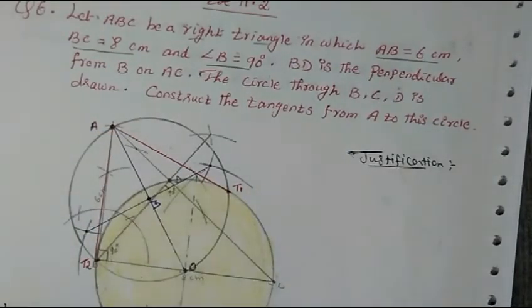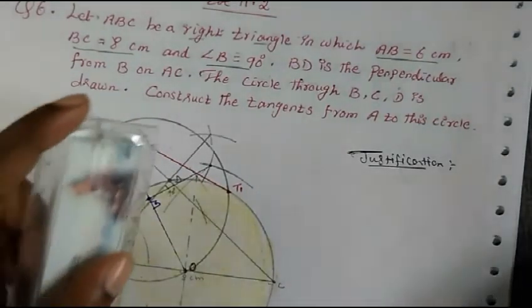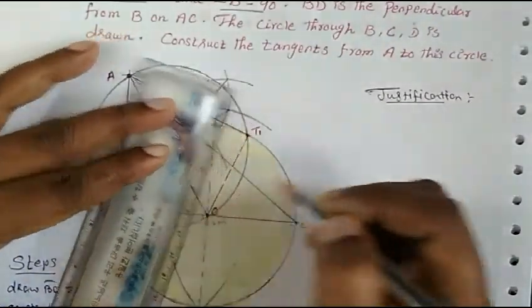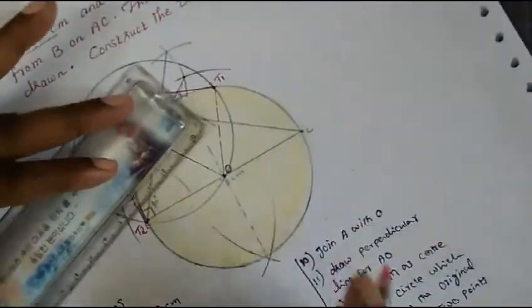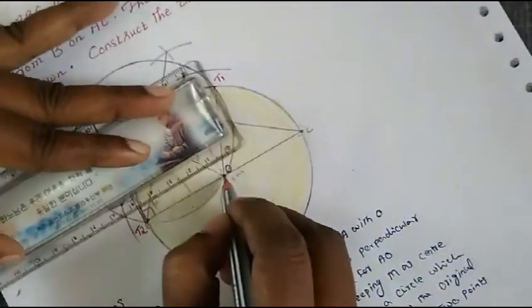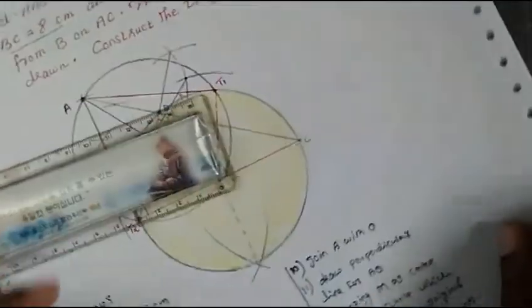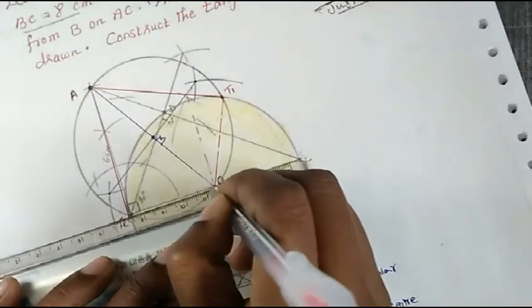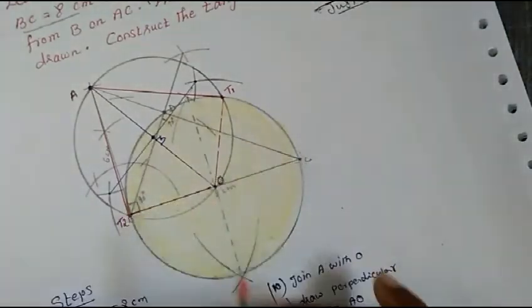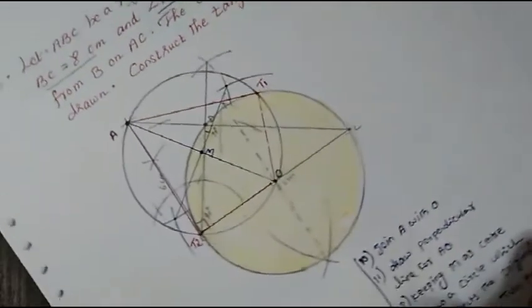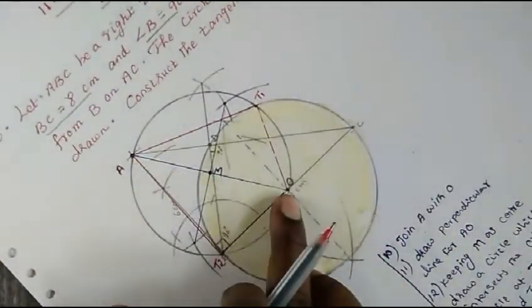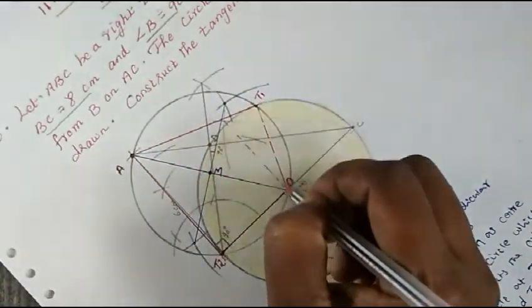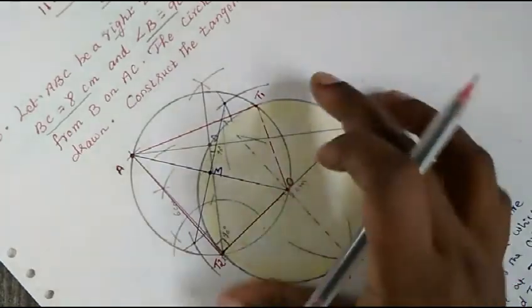First we will join T1 with O, and in the same way T2 with O. Now on this circle, this is the base, and this becomes a radius of this circle.